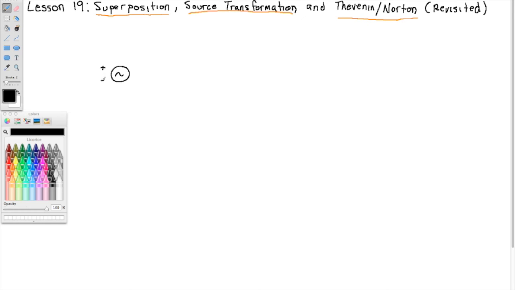All right, so let's say we have one voltage source that's 120 volts, angle 75 degrees. Minus J6 ohms, 4 ohms.